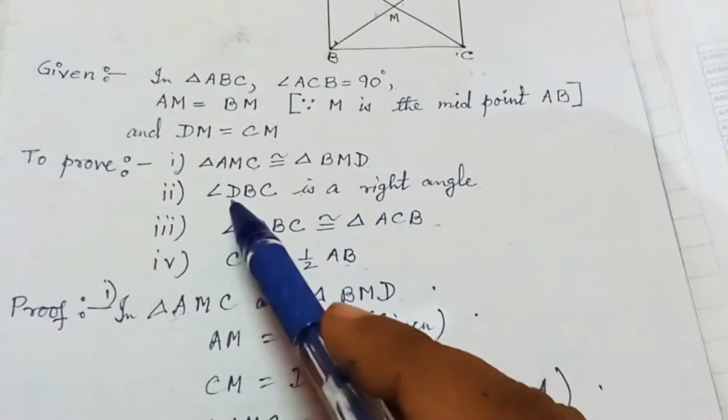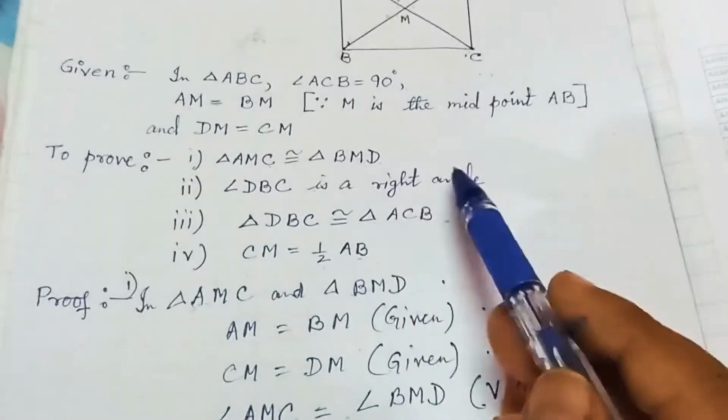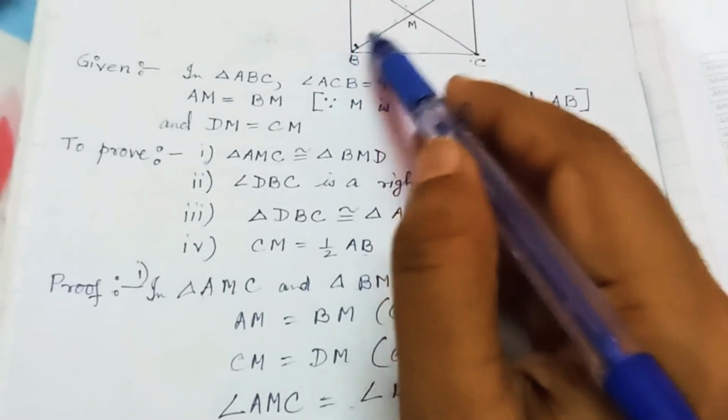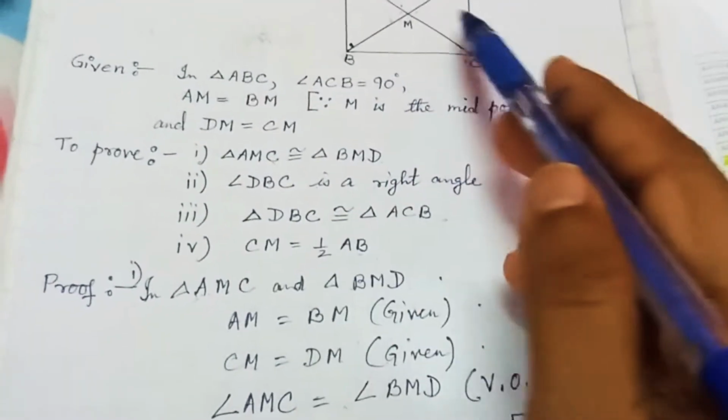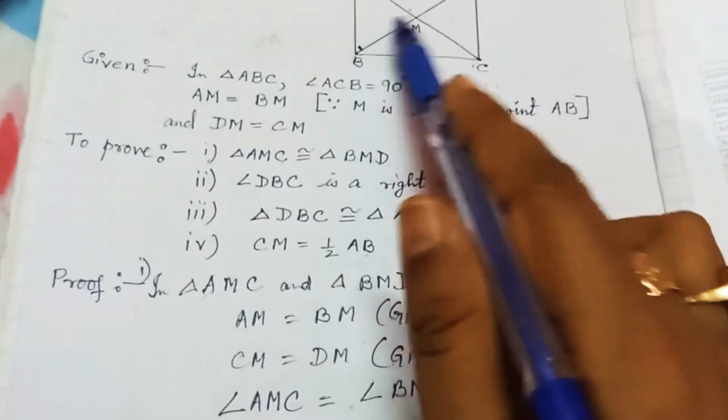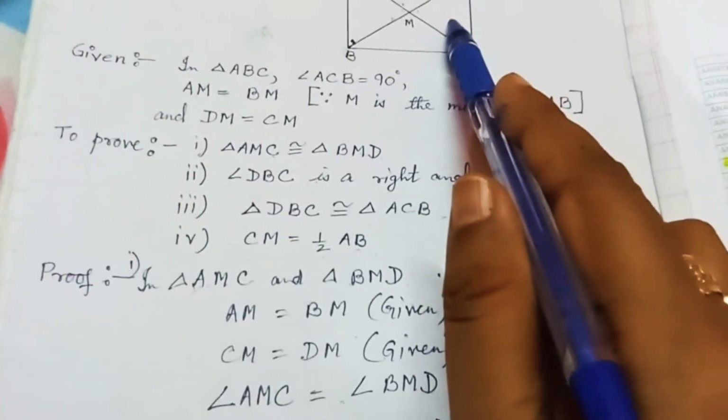Now in the second part, we have to prove that angle DBC is a right angle, so this angle is 90 degrees. We have just proved that these two triangles are congruent. So their corresponding parts will also be equal.